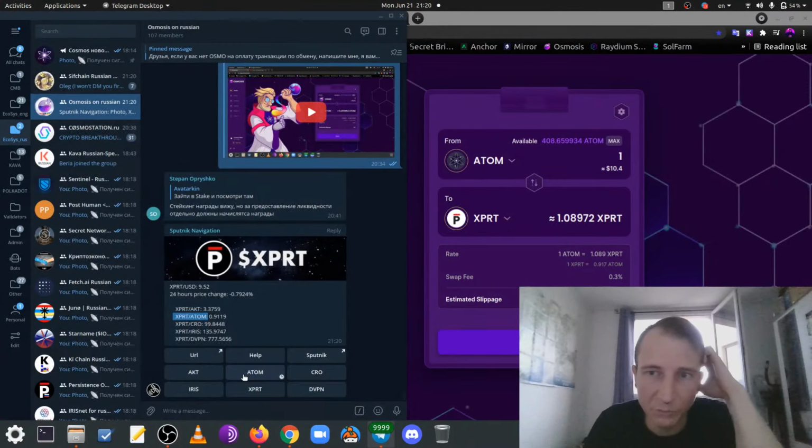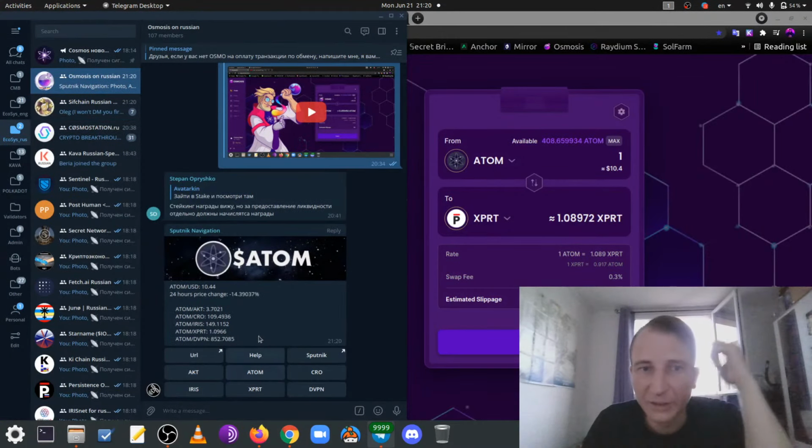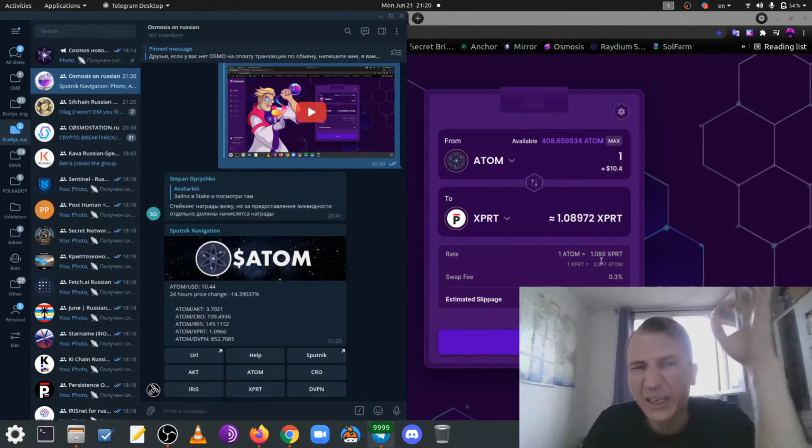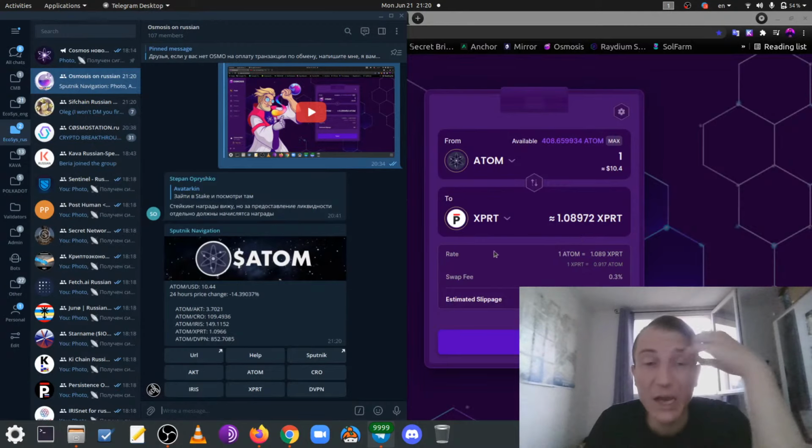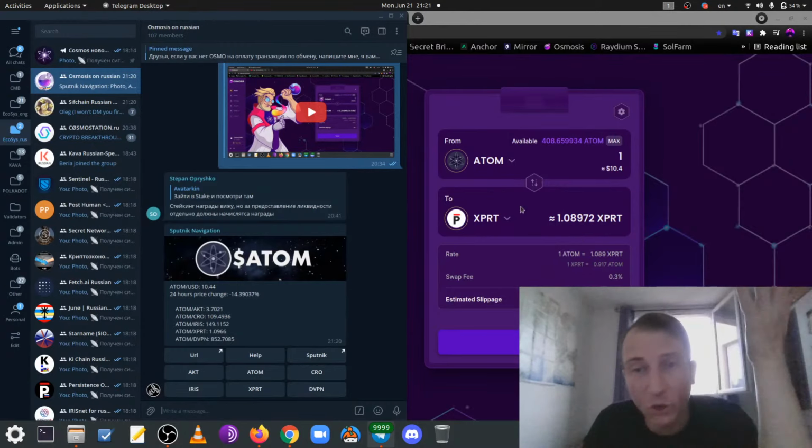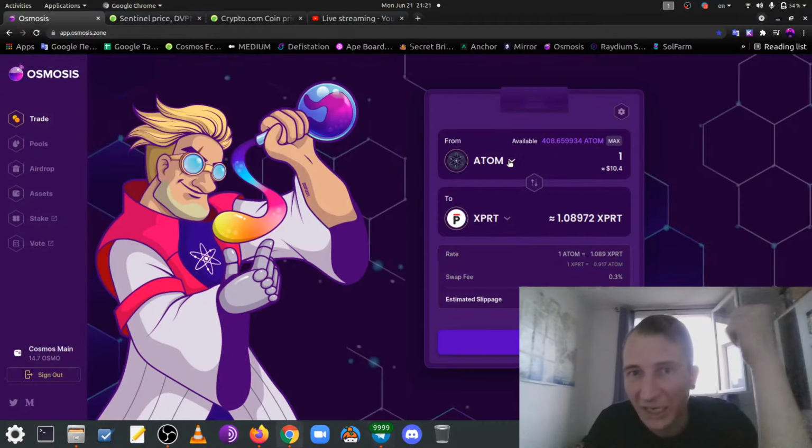Not really a big difference. One Atom is 1.0966, 1089. Also not really a big difference. So we now understand that Atom trades to some others not really nicely.